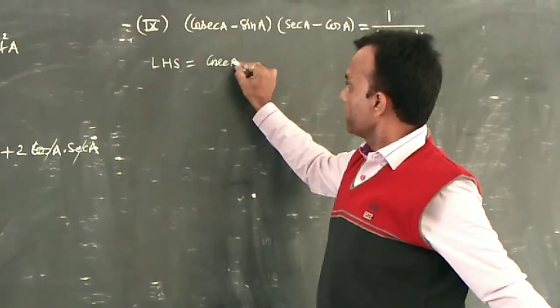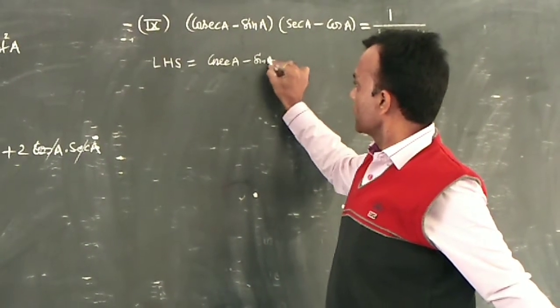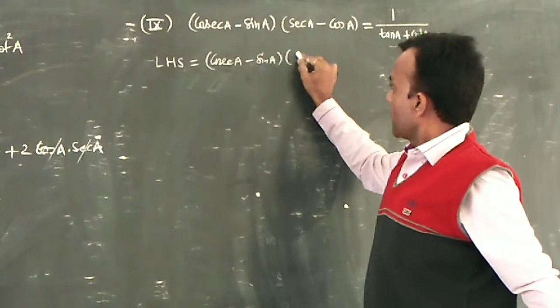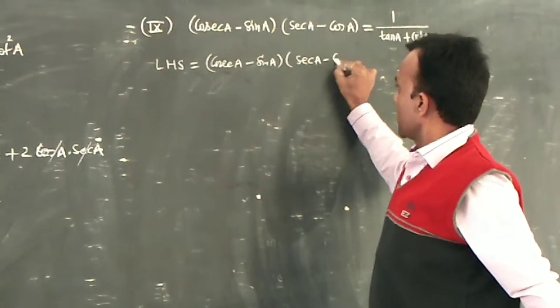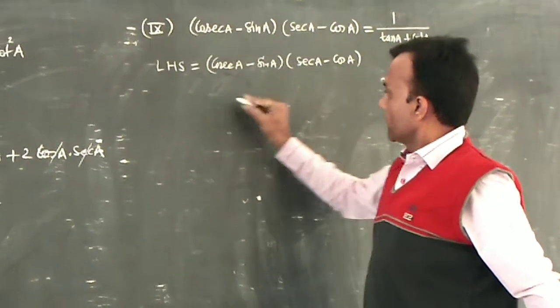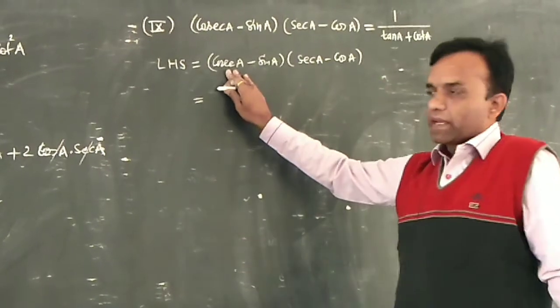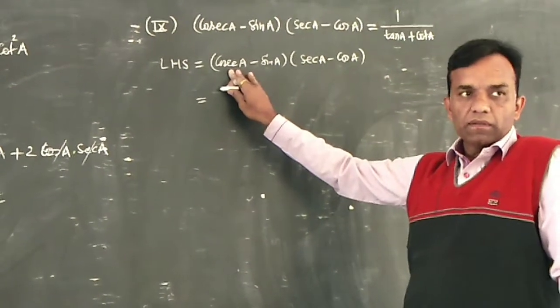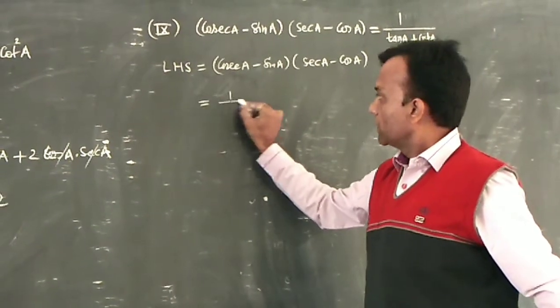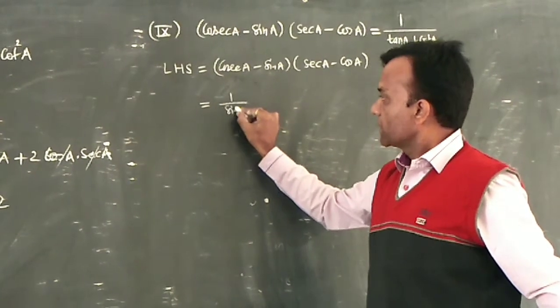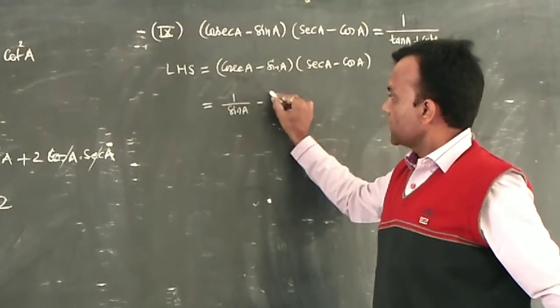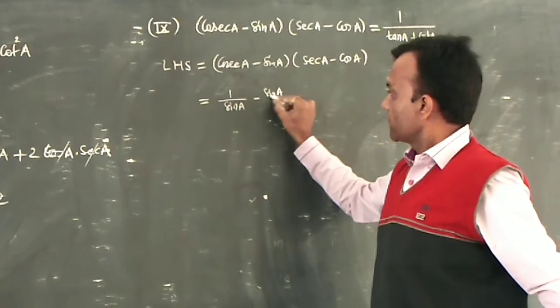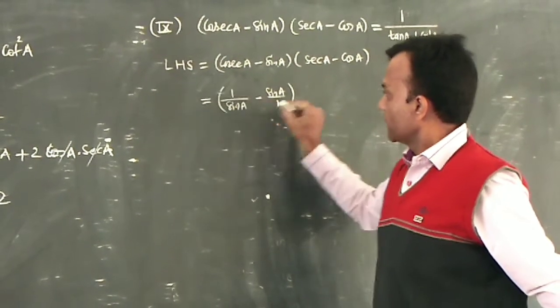Cosec A minus sin A, and sec A minus cos A. Okay, you have cosec A, which is 1 by sin A, and sin A you put as it is, upon 1.